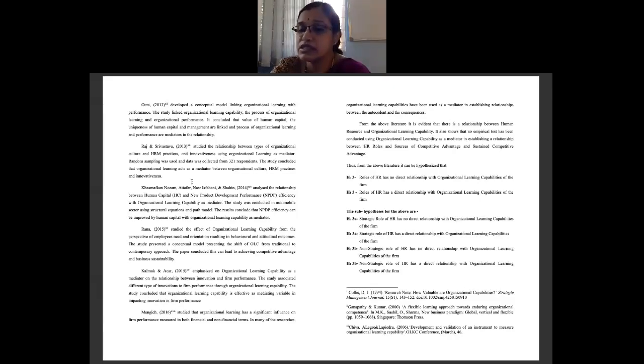This depends on the university, whether they ask you to prepare footnotes or end notes. That depends on your discussion with the research supervisor as well as the university. So this is a format for review of literature. Again, it must go in chronological order. This is very important when it comes to review of literature.